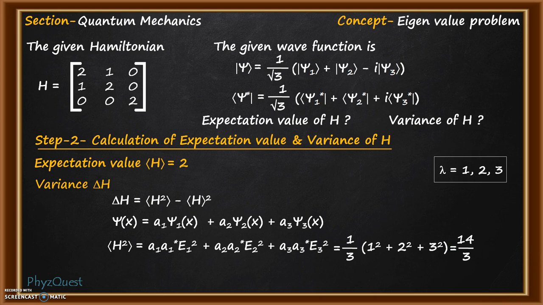So we have got the expectation of H squared, and we have already calculated the expectation of H. We put the values in the formula for the variance, which will be 14 by 3 minus 2 squared, which is 14 by 3 minus 4, which is 2 by 3. So we have got our expectation value as 2 and variance as 2 by 3.